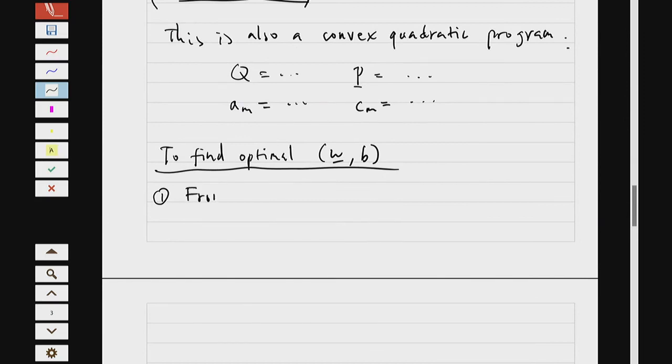So from the so-called strong duality, we know that all you need to do is substitute.